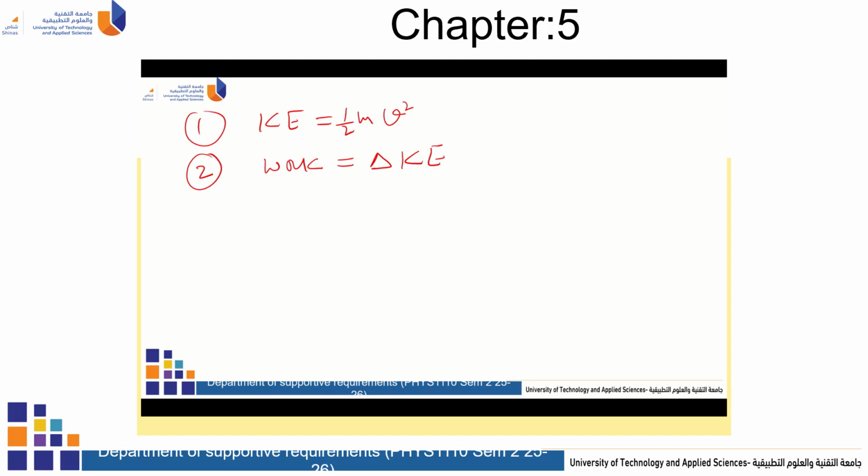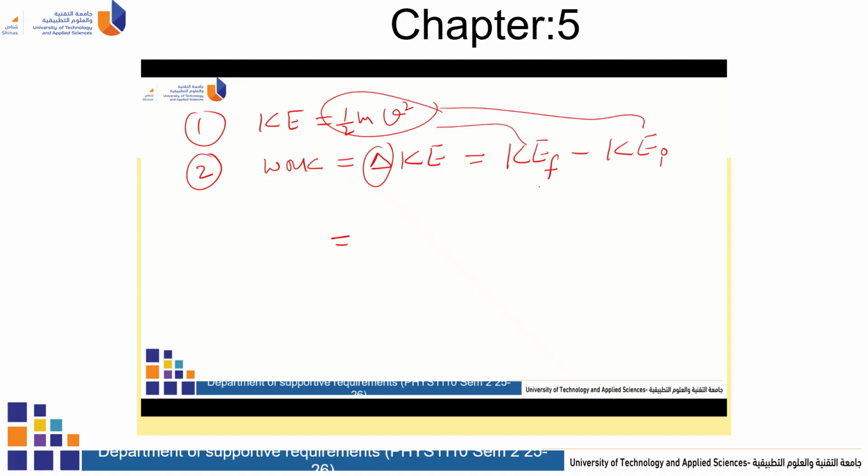Now if I open this delta, I can write it like this: the kinetic energy final minus the kinetic energy initial. This is the difference between the two kinetic energies, the final and the initial. Now I am writing this rule here and using final and initial.